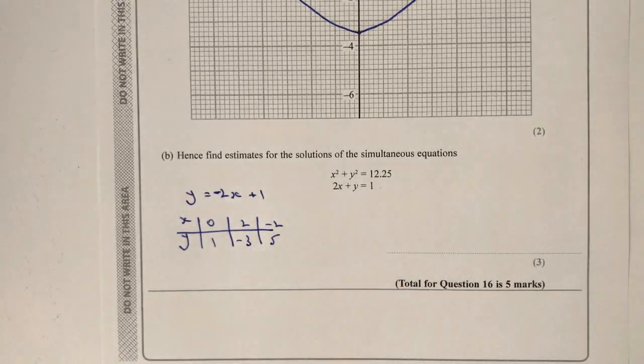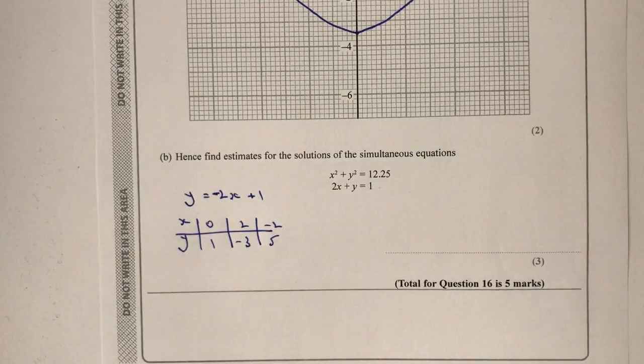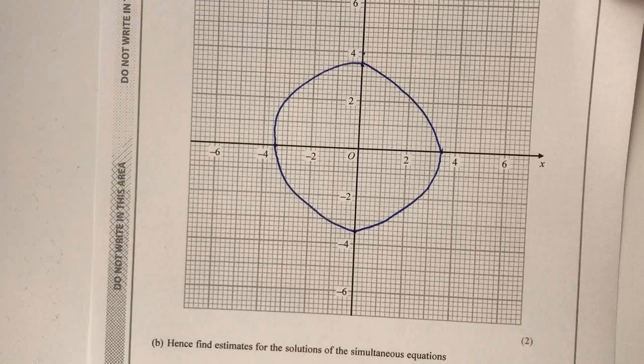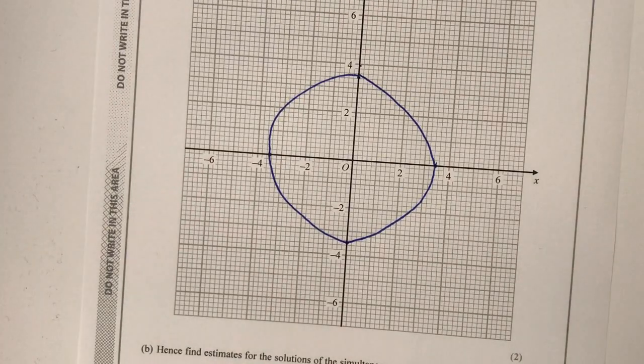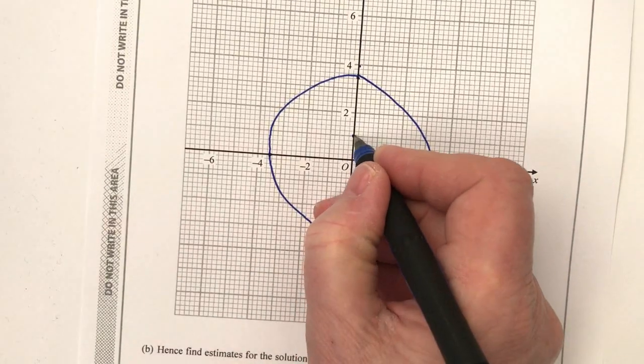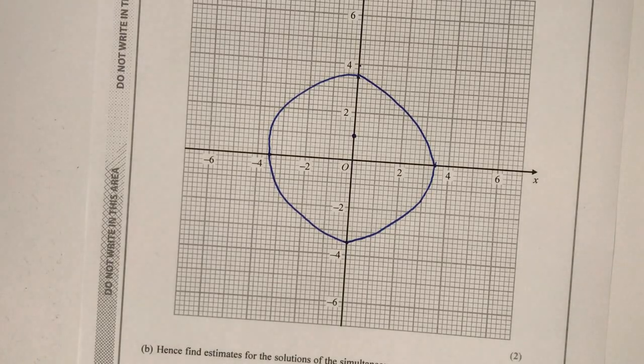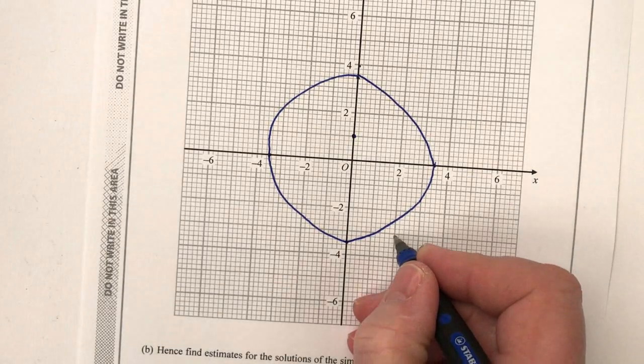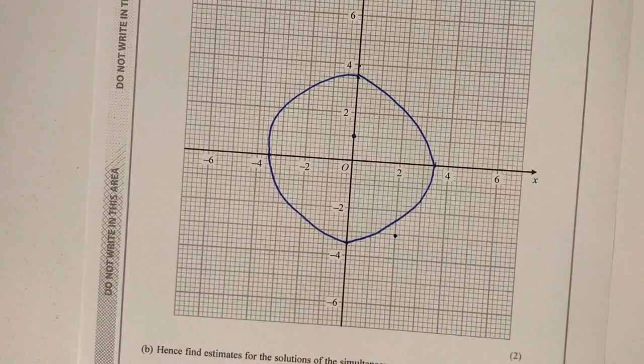So I've got my coordinates now that I can draw my line. The first coordinate is 0, 1, so that's here. The second one is 2 and minus 3, so that's down here somewhere. And the last one is minus 2 and 5.